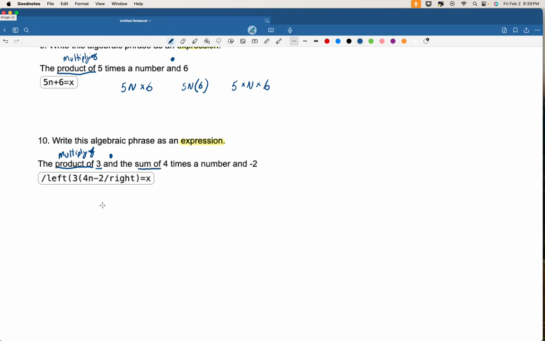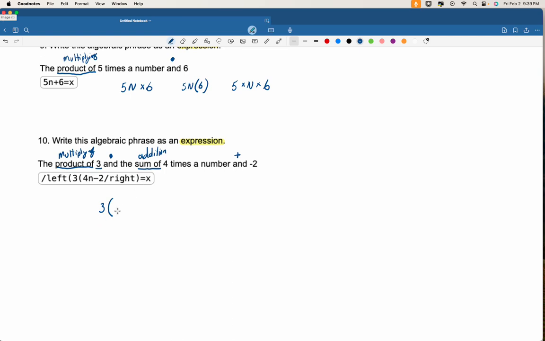So what that tells me is I have 3, and then I'm going to have a parenthesis because it's 3 times the sum. There's some addition going on in here. And I'm going to find that and to see that that's where the plus sign goes. So multiplication, 3 times this addition thing that's happening.